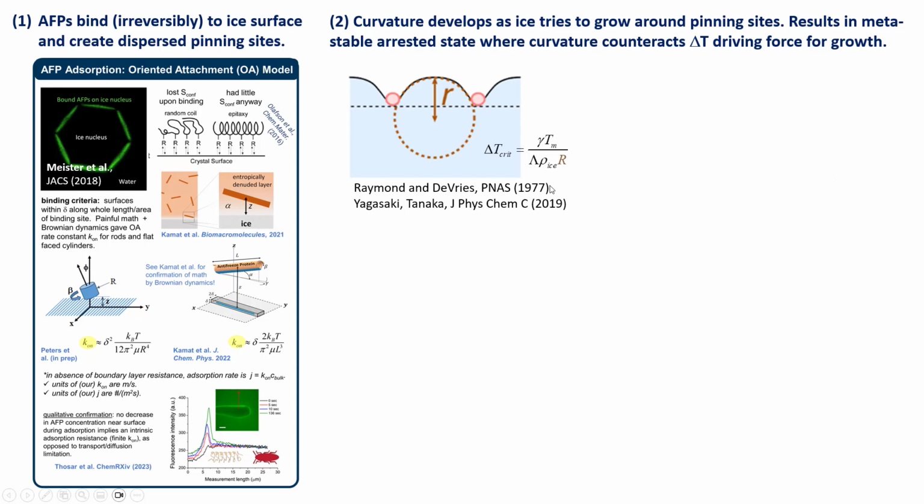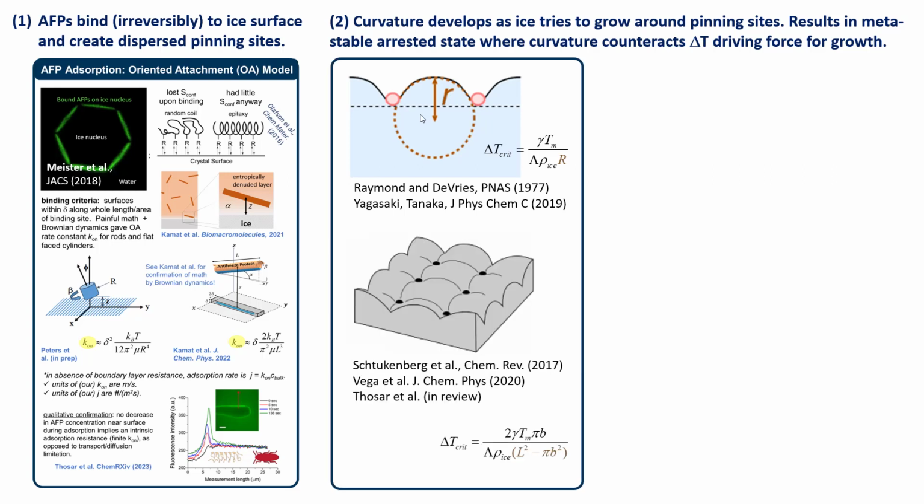But basically, they already in 1977 proposed this Kelvin equation that says that the critical supercooling at which all metastability is lost, so this is almost like a spinodal condition for a complete loss of metastability, occurs when you have this relationship between the interfacial free energy, the melting temperature, the latent heat, and the distance between the pinning sites R. So the analysis done here is for like a one-dimensional array of pinning site locations in this one-dimensional, almost cylindrical kind of geometry for the curved surfaces between pinning sites.